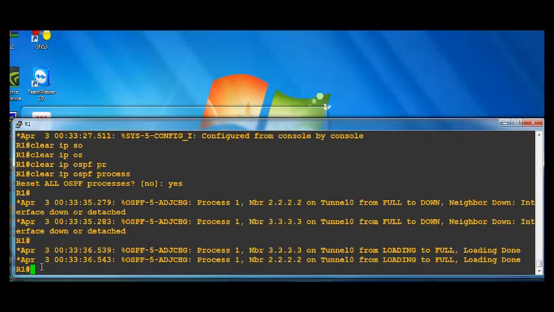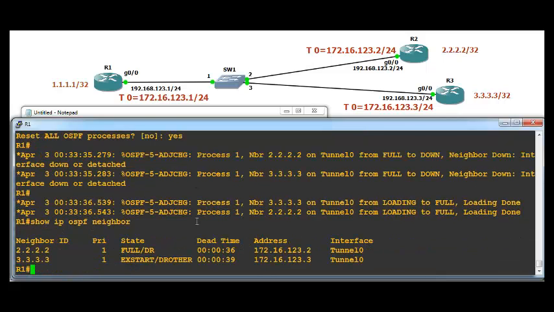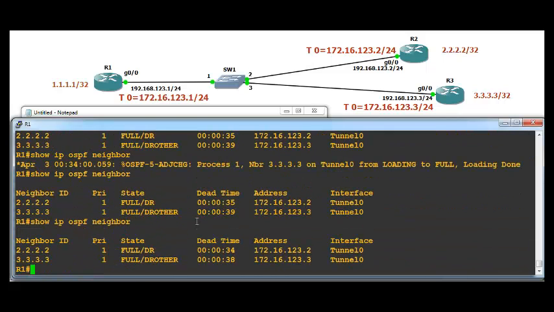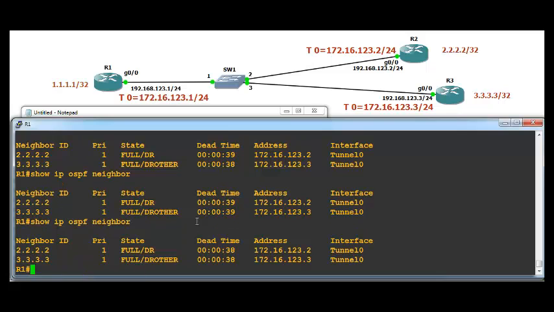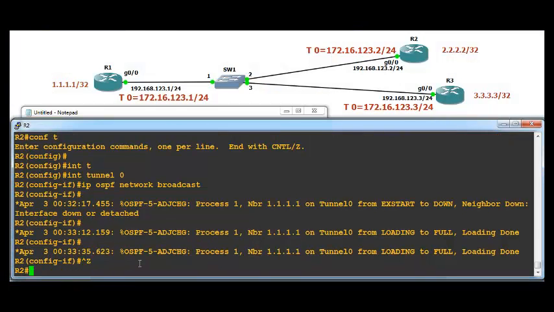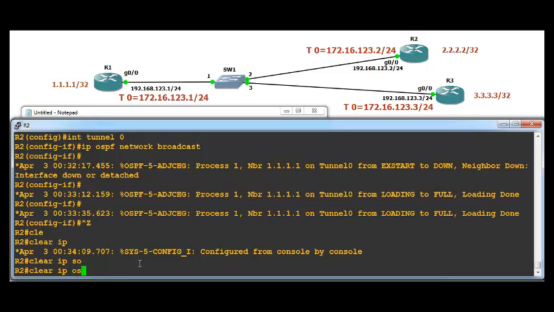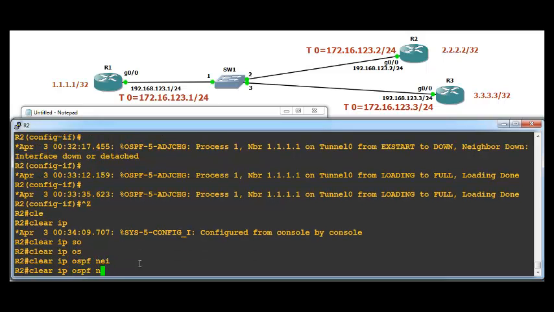So now let's go to router 1 and check the neighbor. Show ip ospf neighbor. I should see it. Come on, why is R2 the DR? Just give me a minute, I'll refresh on R2. Clear ip ospf neighbor. In OSPF there is no preemption.